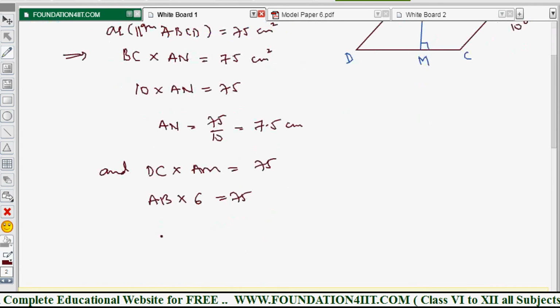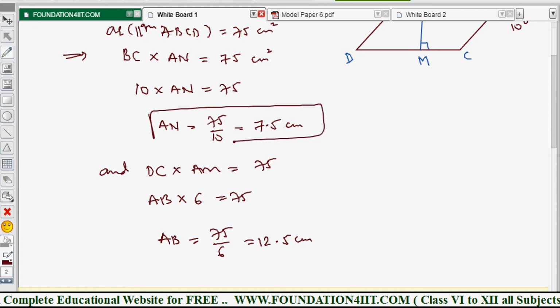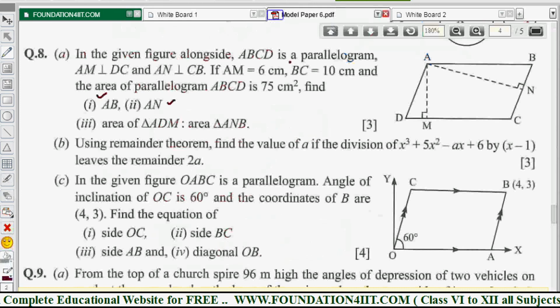From this, AB is equal to 75 by 6, that is 25 by 2, 12.5 centimeters. AN is 7.5 and AB is 12.5 centimeters. These two are asked.